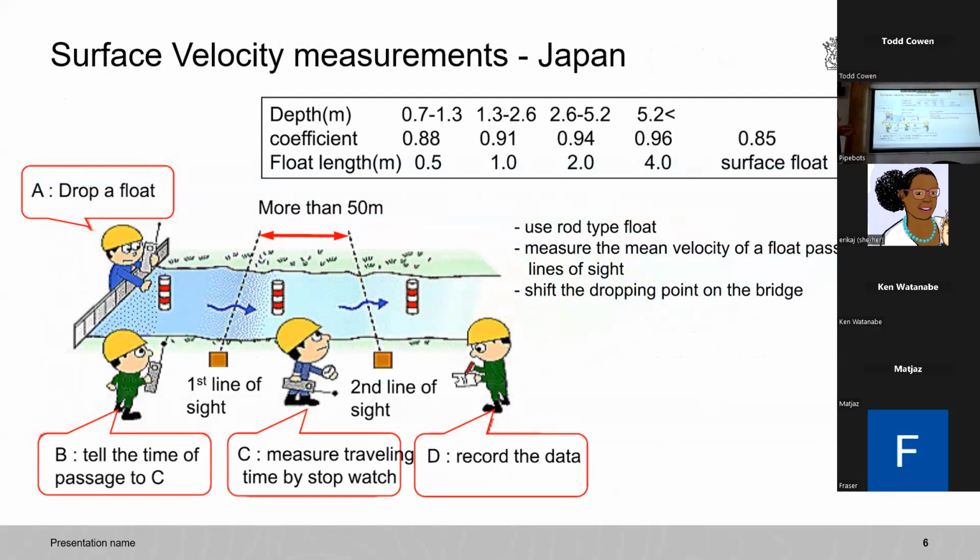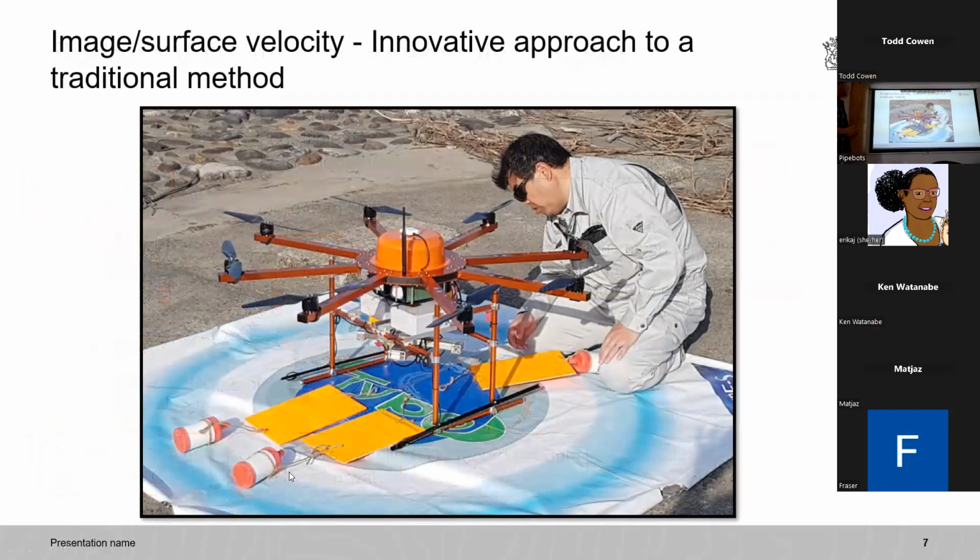Surface velocity measurements have always been around. They're not a new concept. Certainly in Japan, they're very much the main method used to measure high flow events, using floats, tracking them with time over distance, and applying the various coefficients. So it's not a new method. Surface velocity methods have been around for a very long time.